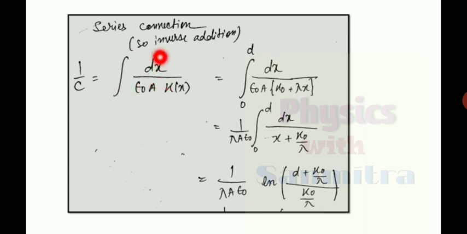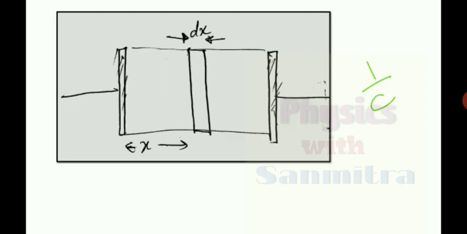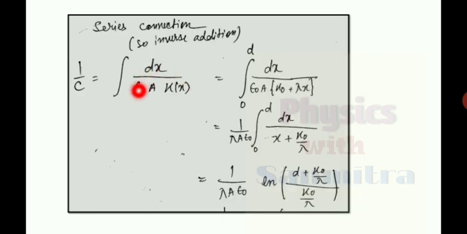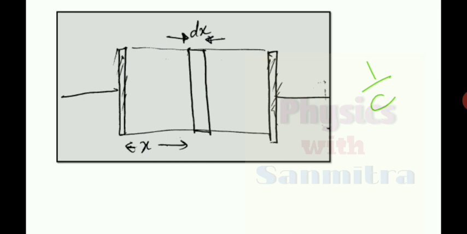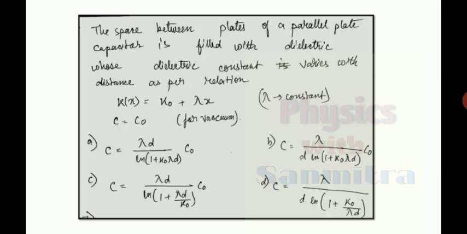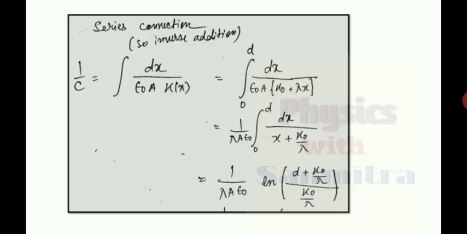Epsilon naught A by d is C, so dx is this length, and we get dx by epsilon naught A, and there is a dielectric also, that is K epsilon naught A by d. That dielectric we can write as K as a function of x. We'll get the final result as 1 by C. So this K is K naught plus lambda x, from 0 to d.